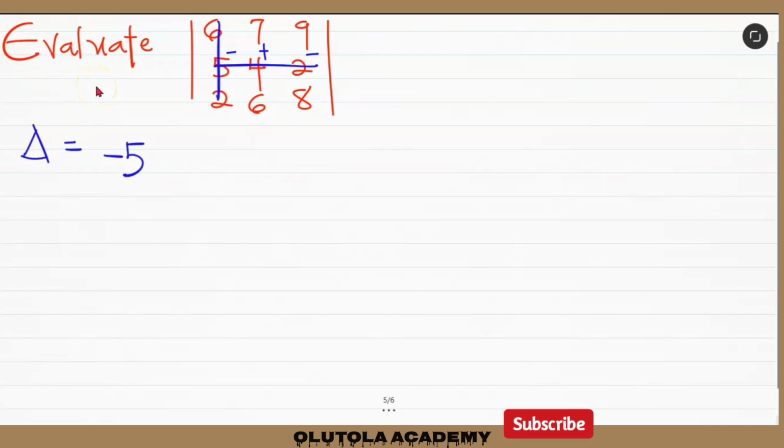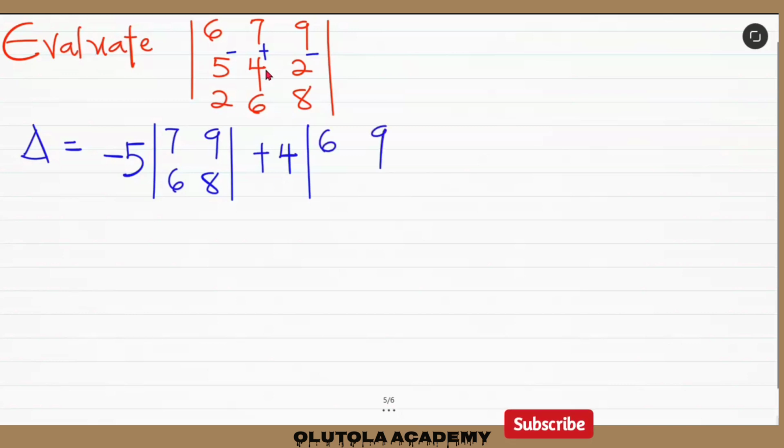I close this up. I'm going to have 7, 9, 6, 8. So I'll go again. I have positive 4. That's this. Then I'll close the column and the row. I'm going to have 6, 9, 2, 8. I got that by closing this up, okay.